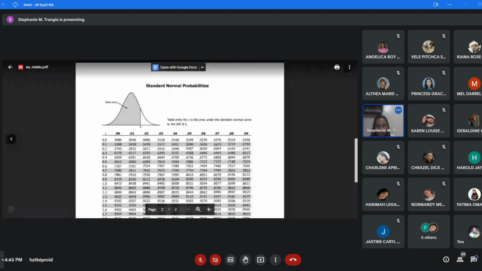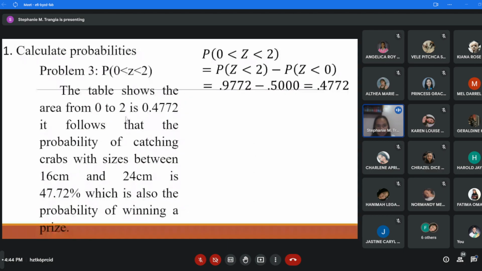Makita ninyo siya sa pinaka upper part sa left, 0.0, then sa taas, that's 0.00. That's 0.5. Okay? Just to show you one, okay?